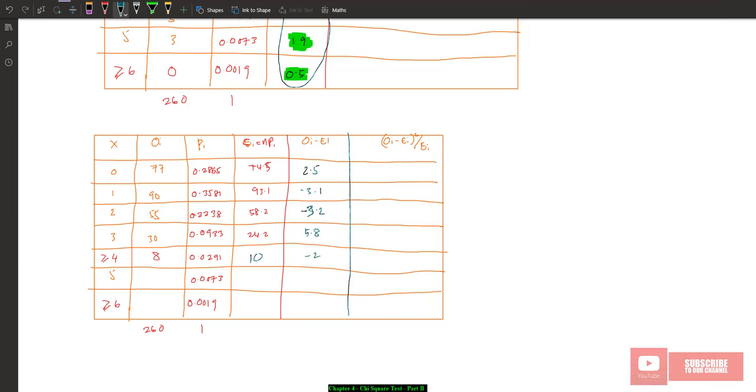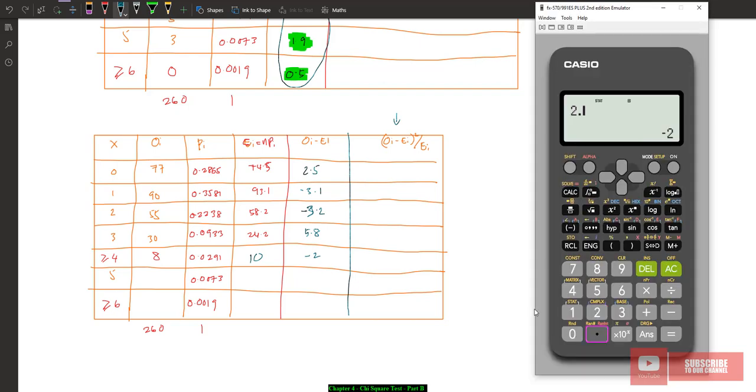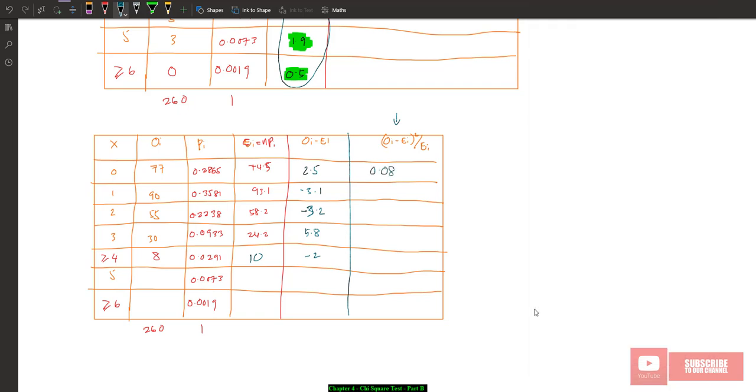So now to find the value of goodness of fit, which is observed minus expected squared divided by expected value. So this one should be 2.5 multiplied by 2.5 divided by 74.5. So this is 0.084.